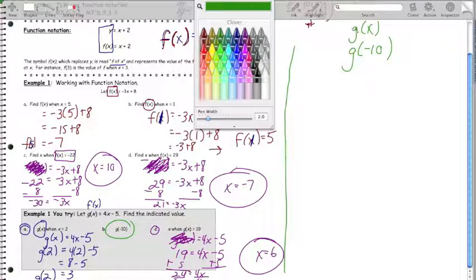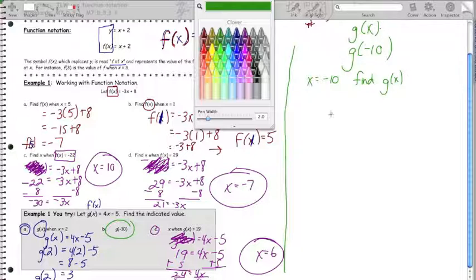It could be any of these letters, the first one, but this is in the x place. So in this problem, what they're really telling me is x has been replaced and it's negative 10. So this is like them saying x equals negative 10. If they're giving me x, the only thing left to find is g of x, that whole clump. You might say, but it's right here, but that's not true. Remember, this is just in the x place. We have to find the whole term, g of x, okay?